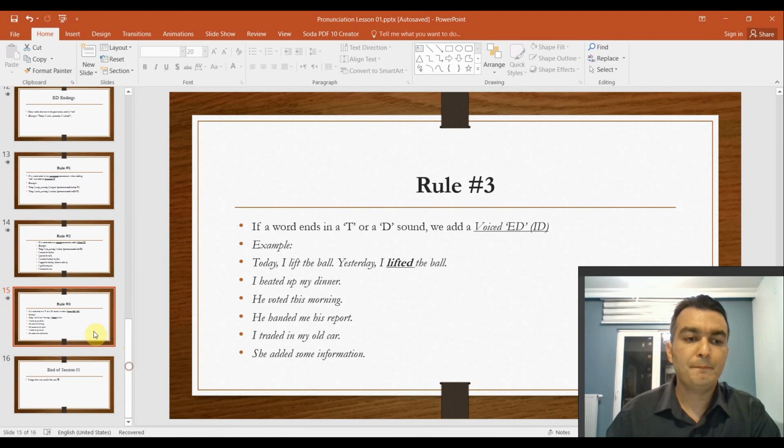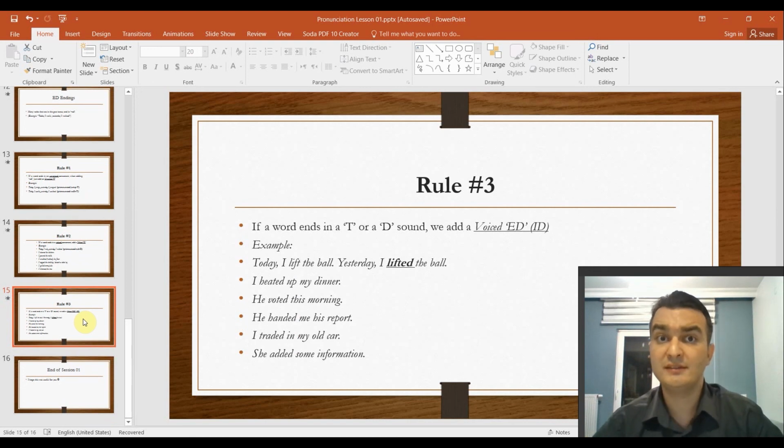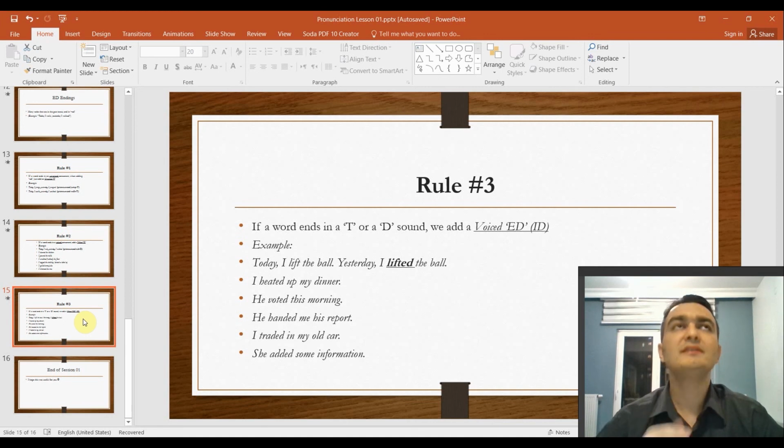Rule number three. If a word ends in t or d, again, if a word ends in t or d, we have to add id, okay? We have to actually read it like id. For example, lift, it ends in t, huh?